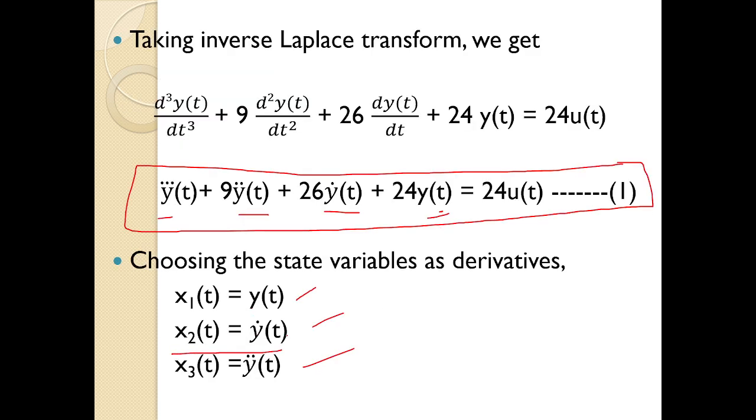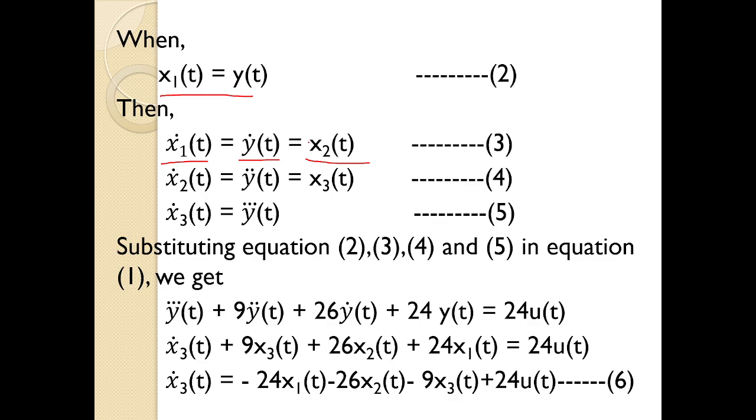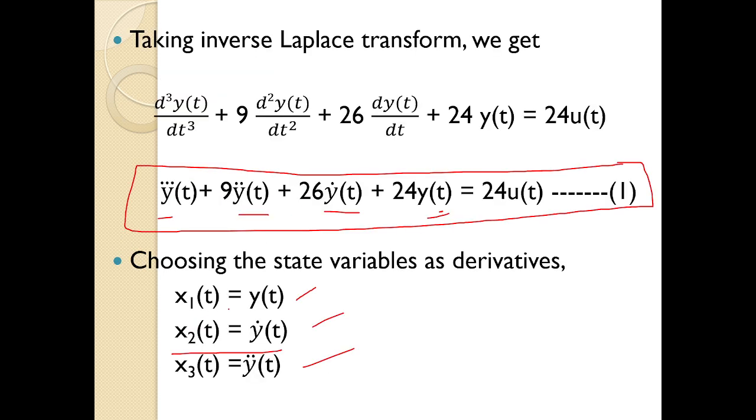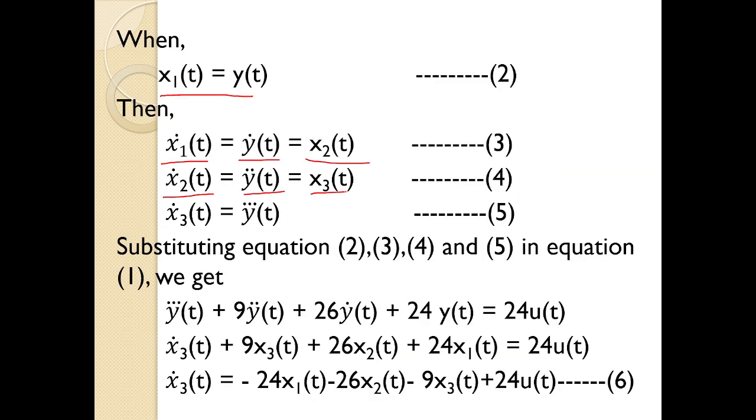Similarly, when x2(t) is equal to y dot(t), then x2 dot(t), the first derivative of x2(t), will be equal to the second derivative of y(t), that is x2 dot(t) is equal to y double dot(t). Y double dot is nothing but x3(t).